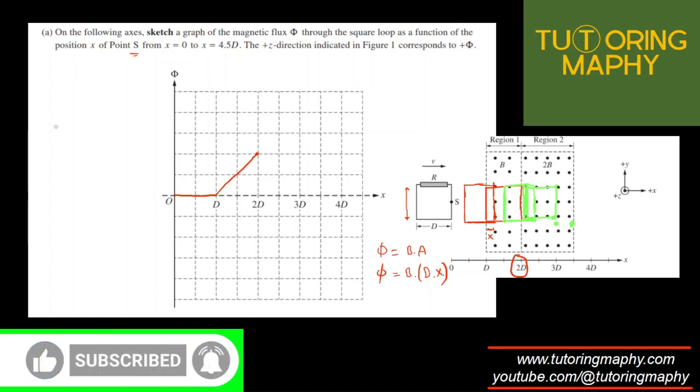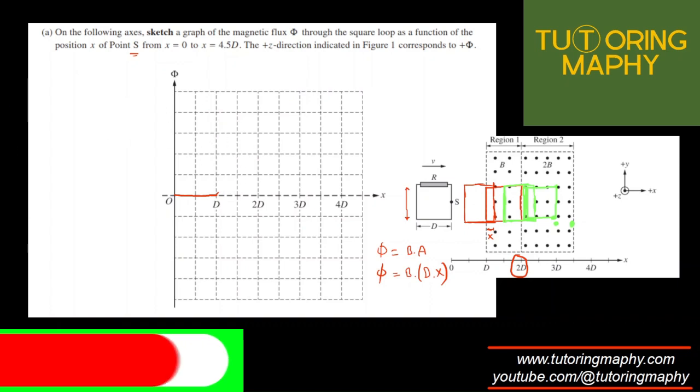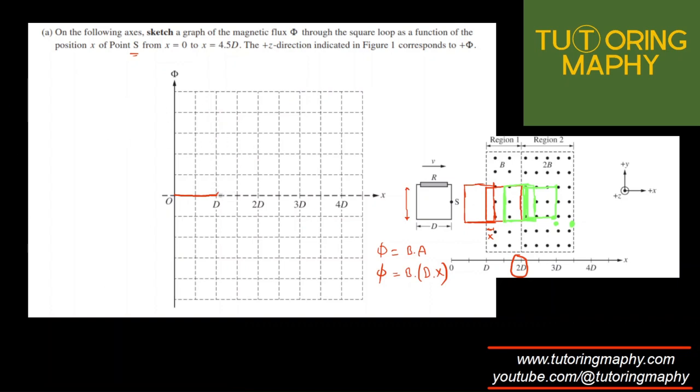In fact, let me make this a little bit less steep. Perhaps something like this. Because when I go into region 2, I think it's going to be a little more steep. Yeah, because it's entering a region which has a higher magnetic field.